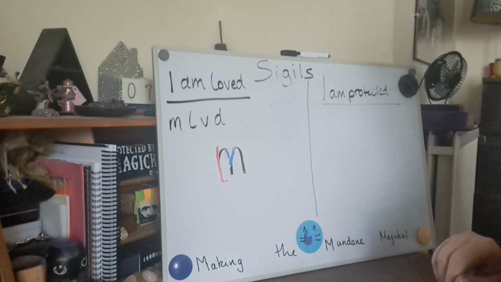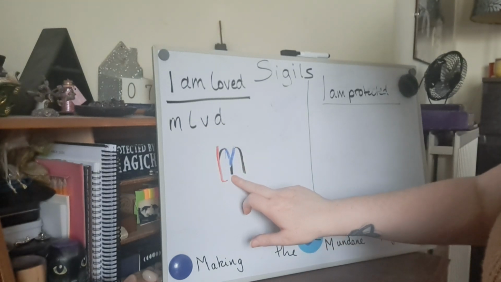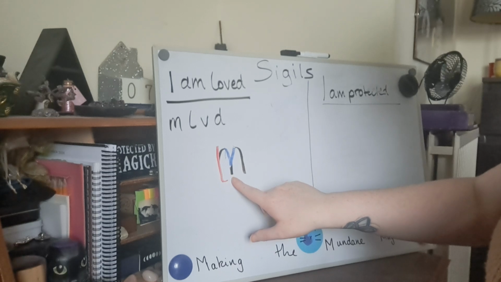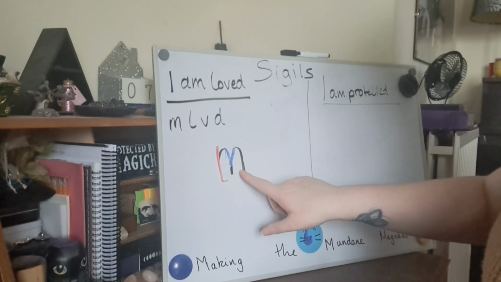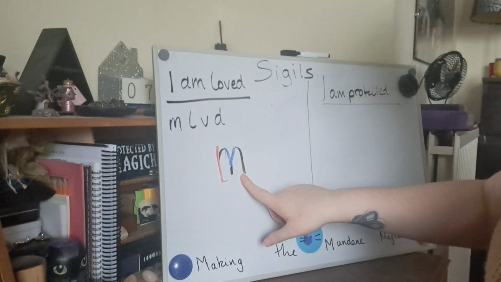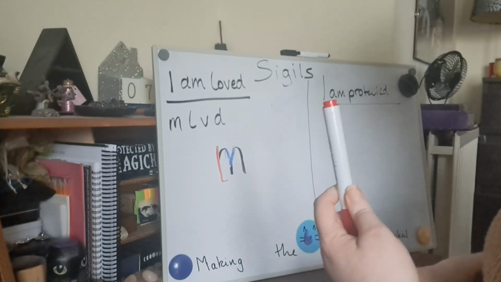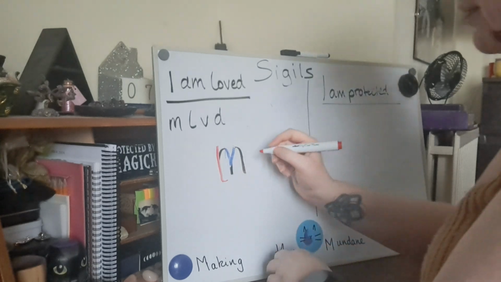Now we've got to work out where the D goes. I kind of don't want it to go in this little bit here in the middle. So I think it's going to have to go here. I don't have any other colours, so I'm going to do it in a red again.